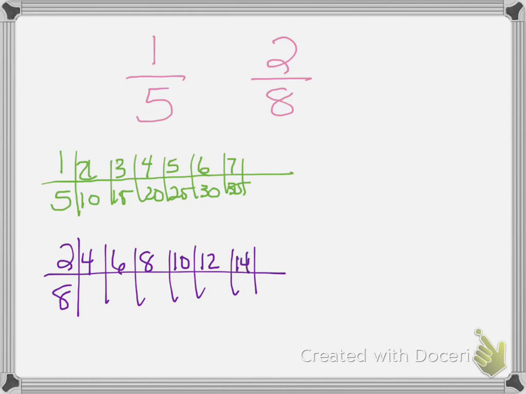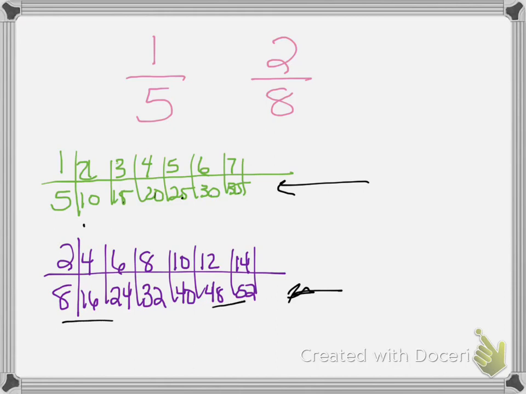Because remember, again, I'm making equivalent fractions with these. 8, 16, 24, 32, 40, 48, 56. And so I'm going to look at my denominators. I've got 5, nothing. 10, no. 15, no. 20, no. 25, no. 30, no. 35, no.